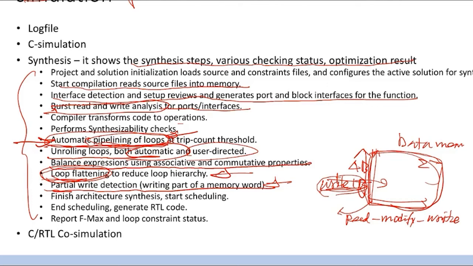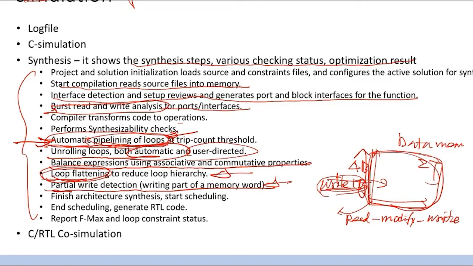So in that case, they spent a lot of time to figure out what happened, why II could not be 1. But if he had carefully studied the synthesis log file, definitely you would find out it detects there's a partial write. So you will find out the reason why II could not achieve 1.